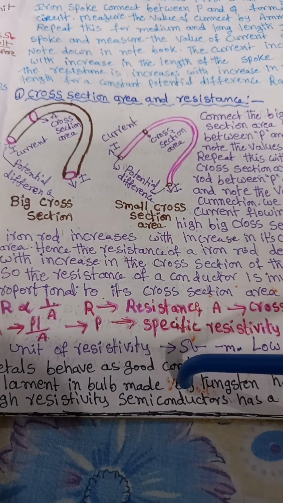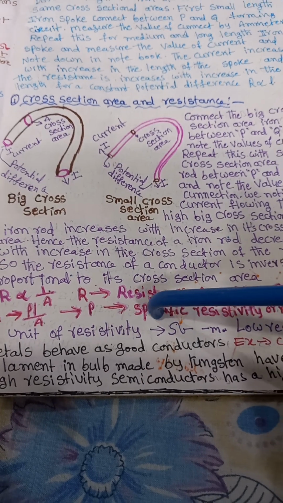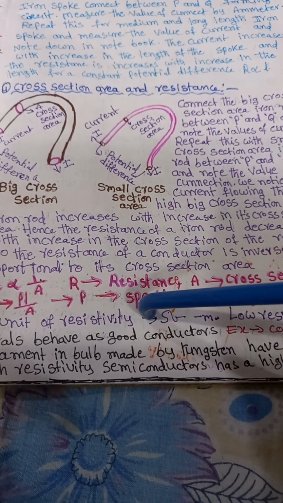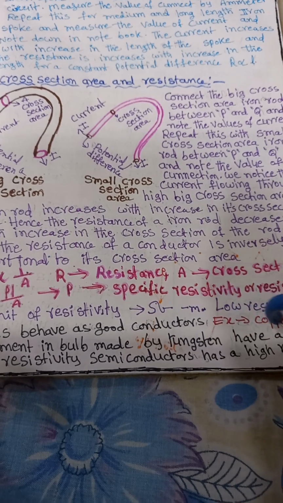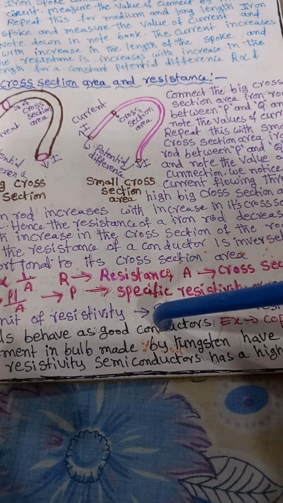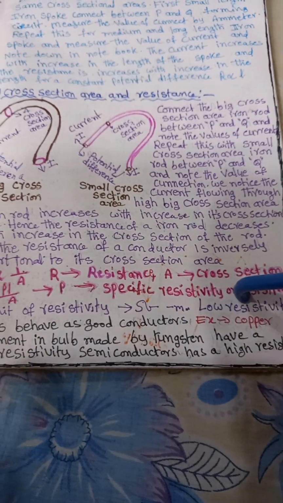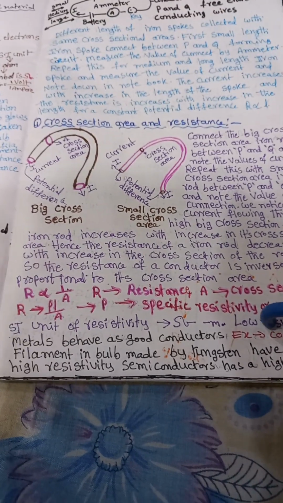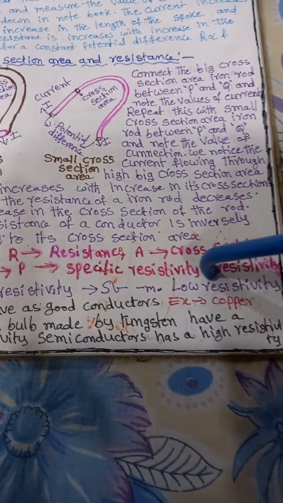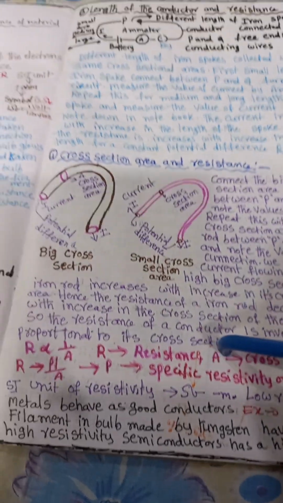First, good conductors have a low resistivity, so they behave like good conductors. For example, copper. The filament in a bulb is made of tungsten, and it has a high resistivity. And semiconductors also have a high resistivity.